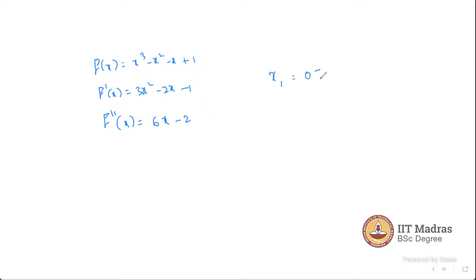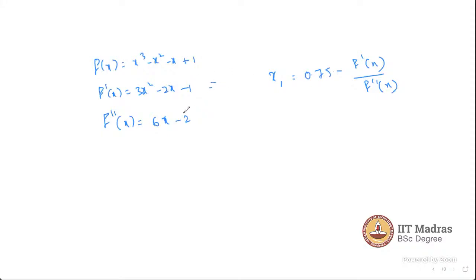So f of x is x cube minus x square minus x plus 1, right? And f dash of x is 3x square minus 2x minus 1. And f double dash of x is 6x minus 2, right? So x1 will be equal to 0.75 minus f dash of x divided by f double dash of x.